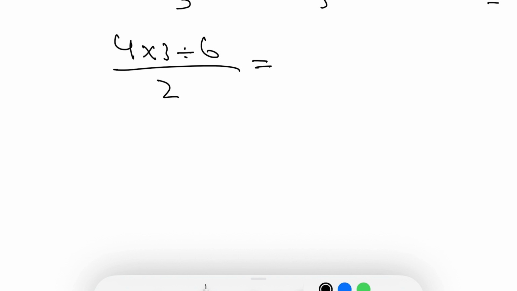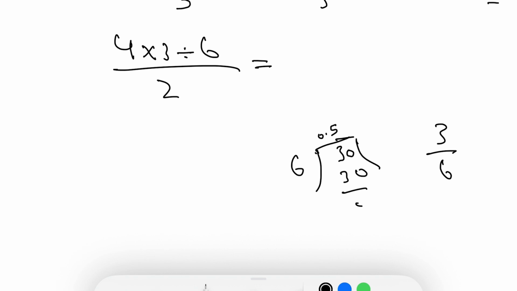Here we solve the division first: 3 divided by 6. 3 is less and 6 is greater, so we need a 0 and a decimal point. 6 times 5 is 30. So 3 divided by 6 is 0.5, and multiply by 4.